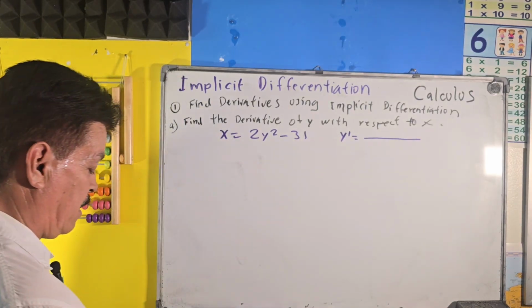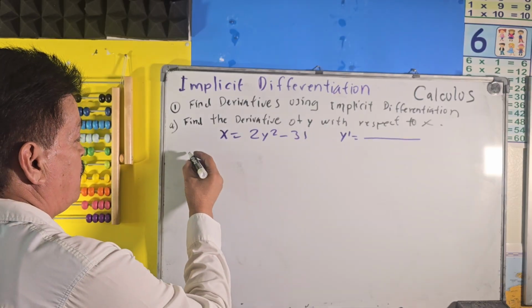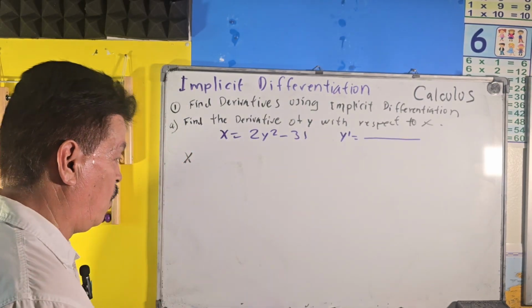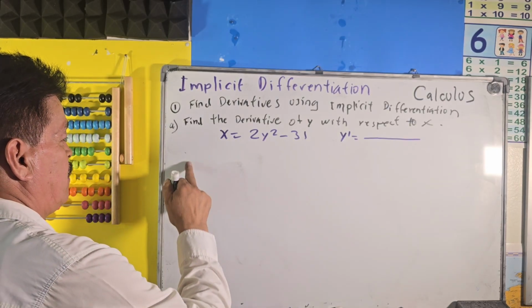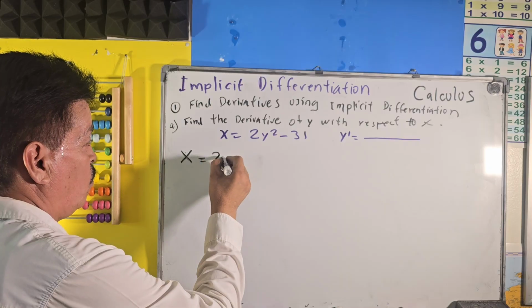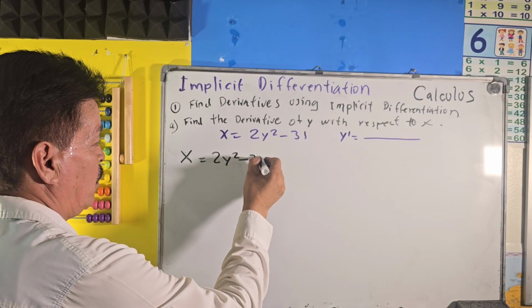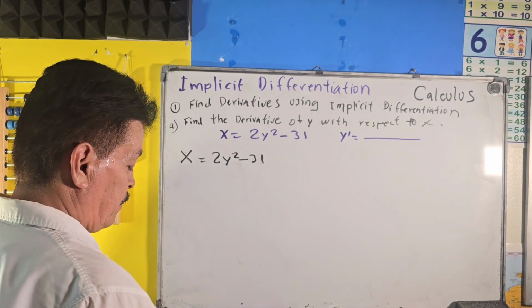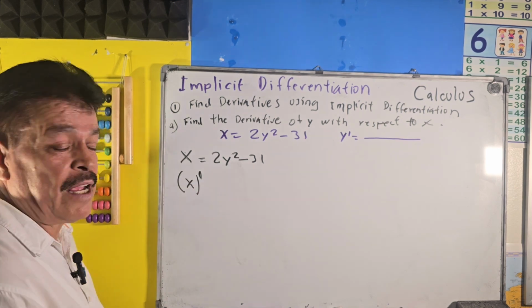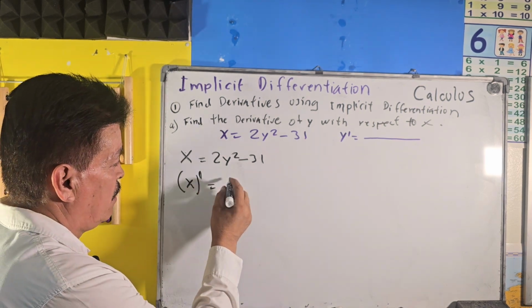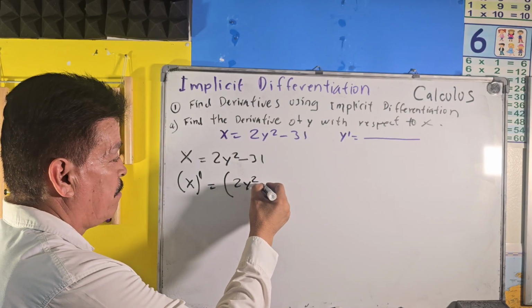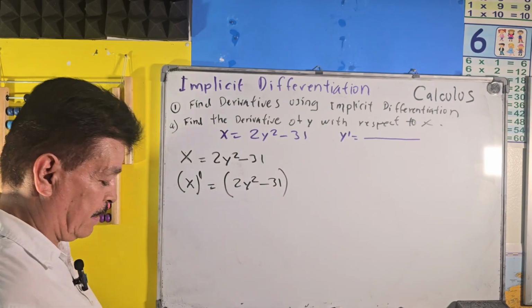So let's write the equation: x equals 2y to the second power minus 31.